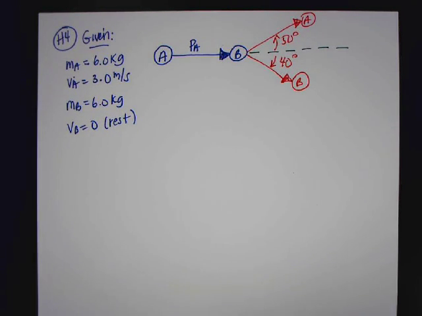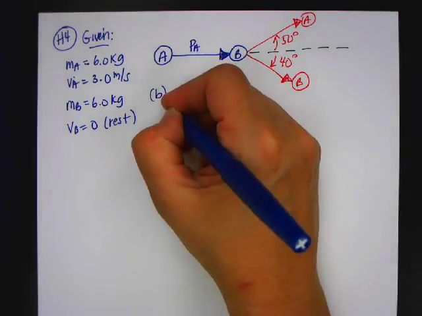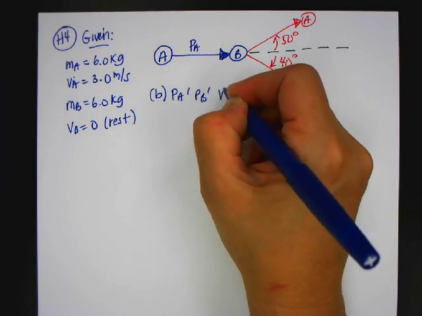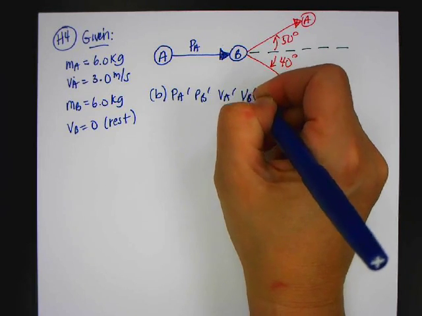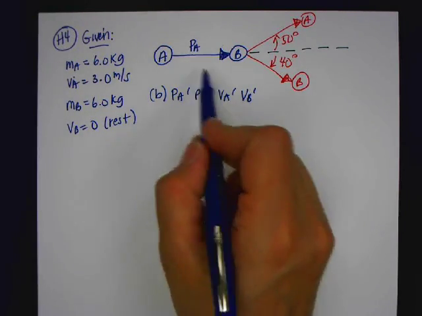So it says draw momentum triangle, but you also need to find, and that got cut off, I think, with a typo. So for B, you need to find PA prime, PB prime, VA prime, and VB prime. So the first thing I'm going to do is draw my total momentum before.